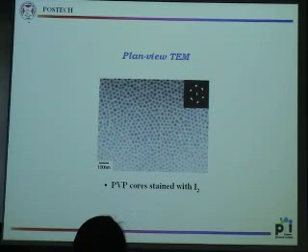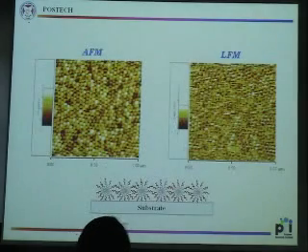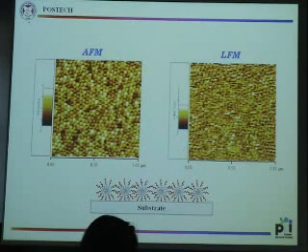And we can also see that this one has a short-range hexagonal order by the Fourier transformed patterns of this boxed area. And then we further characterize the surface structure of this monolayer film by AFM and lateral force microscope. In the AFM image, you don't see any specific morphology. That means the surface was covered by the same component, that is polystyrene.